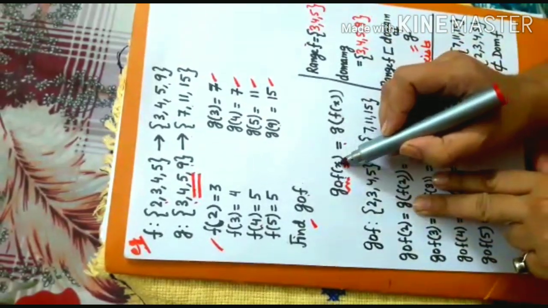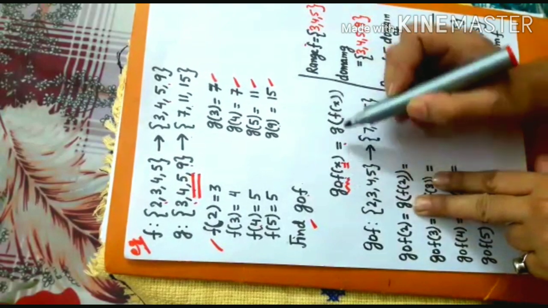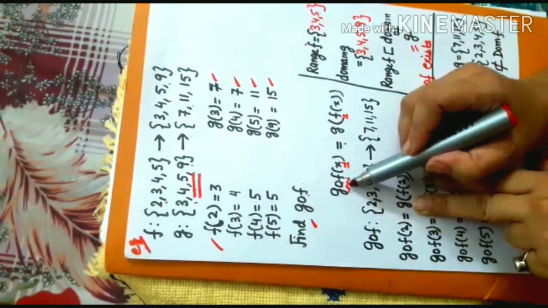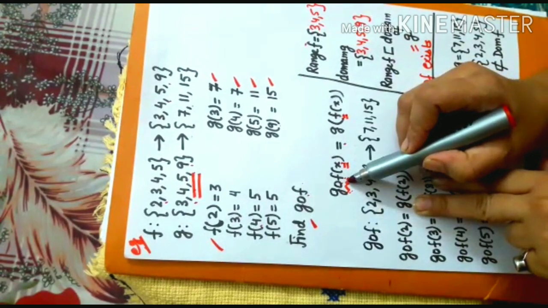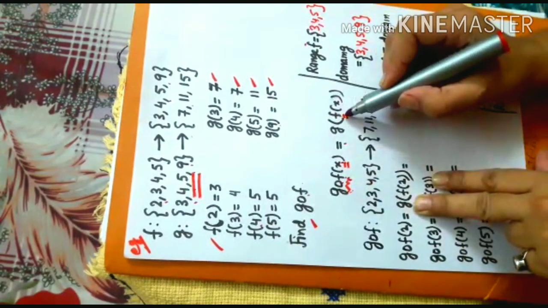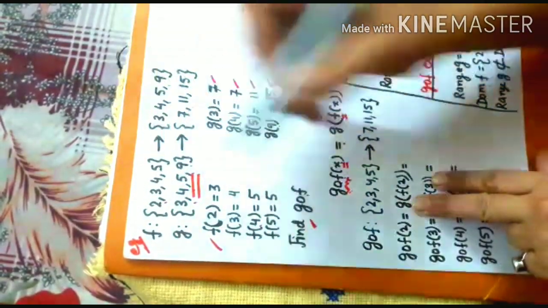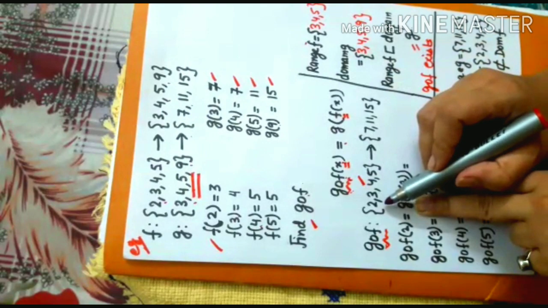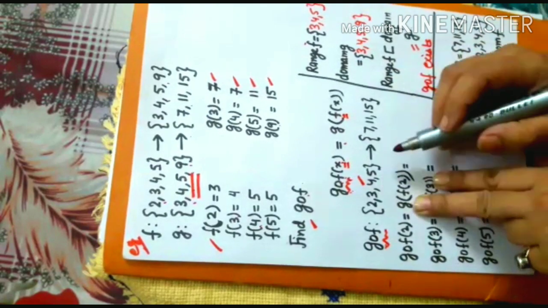Now, this x should come from the domain of f. So, domain of the composition function will be equal to the domain of f, which is this set. So, domain of GOF is the set with elements 2, 3, 4, 5.